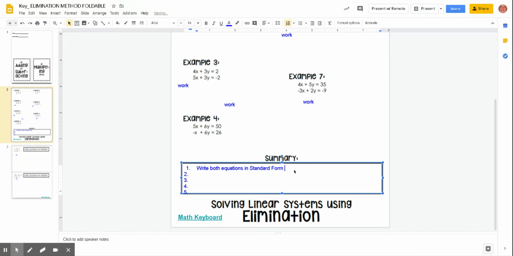So standard form being ax plus by equals c.